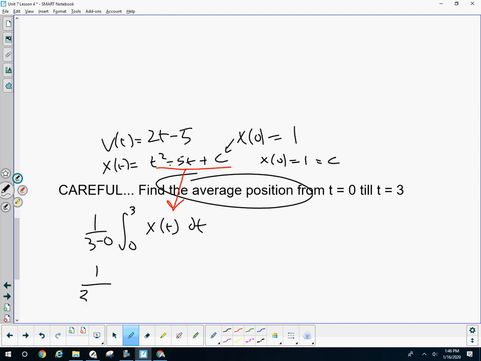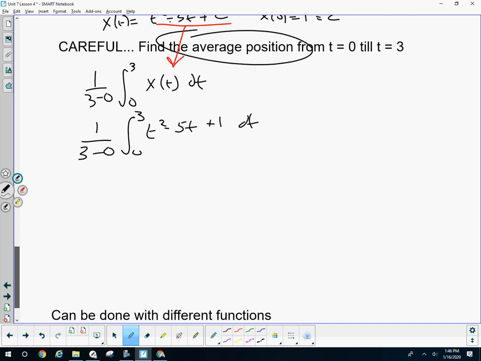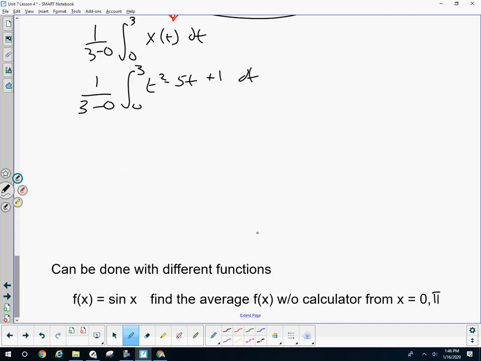I need to then make sure, if I were to do this without a calculator, that I would find the antiderivative of this to evaluate this without a calculator. So I get 1/3 times the antiderivative and the change in this between 0 and 3. You'd have to do the calculations by hand and then multiply by 1/3.